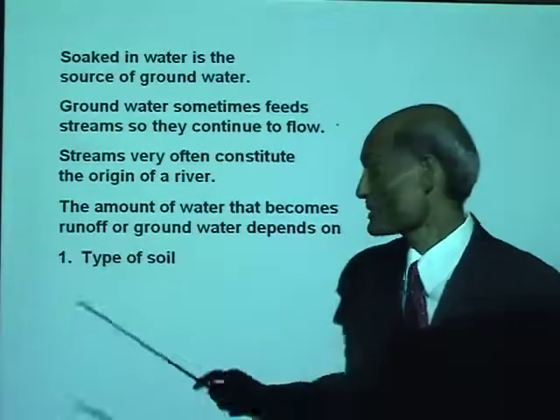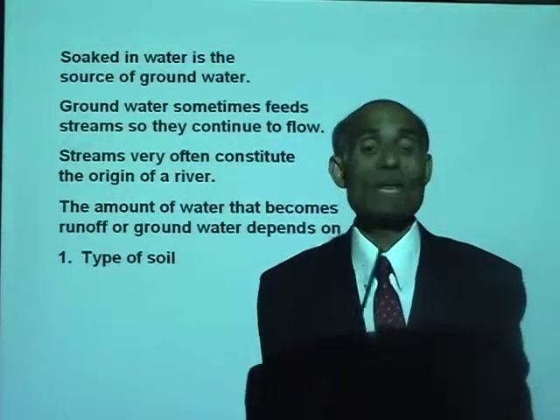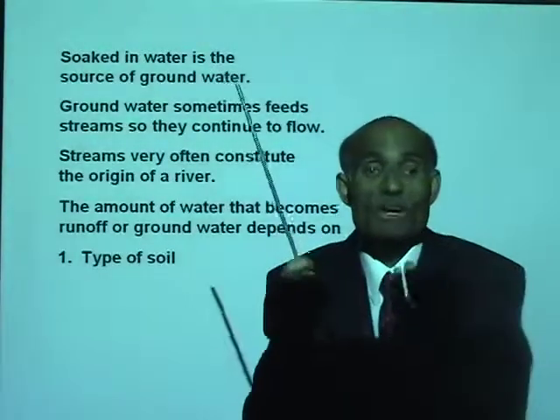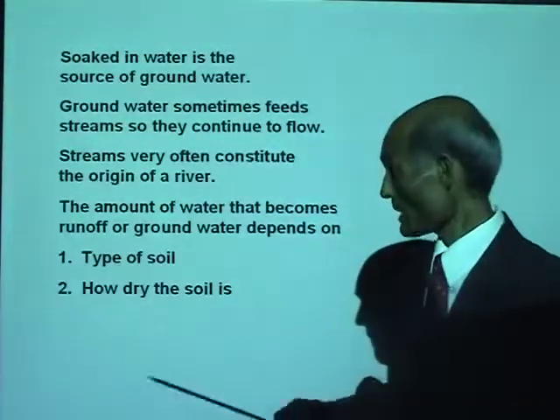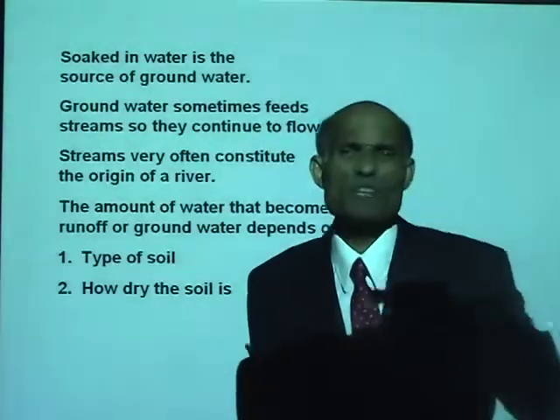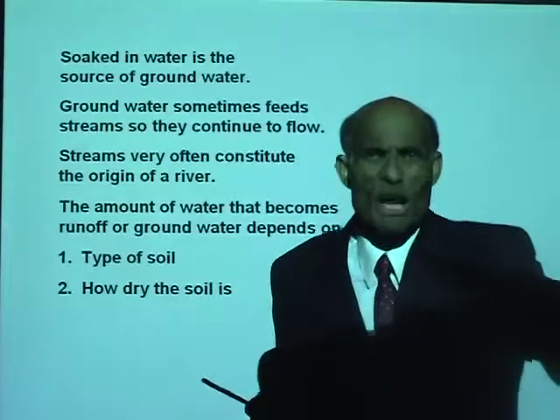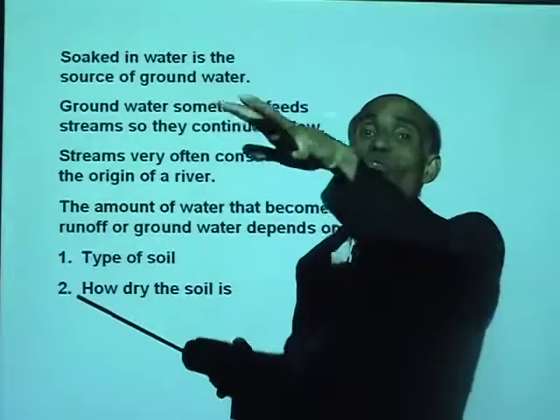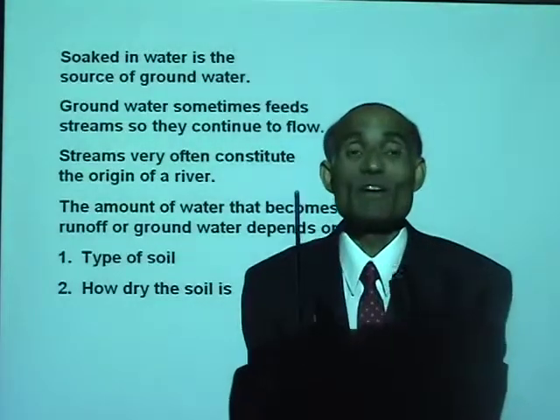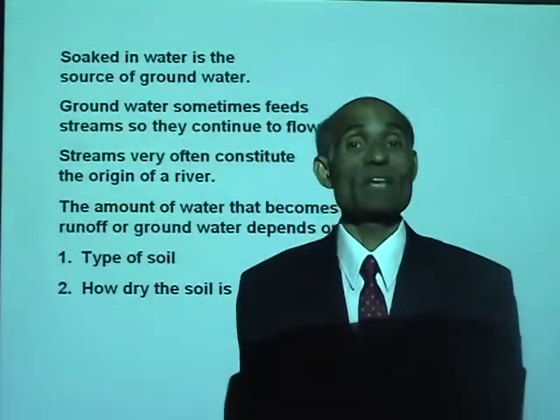So the type of soil will indicate whether the water is going to run off or get soaked in. How dry the soil is. If the soil is very dry, rock dry sometimes, when water falls on it, most of it will simply run off. Only a very little of it will get soaked in.